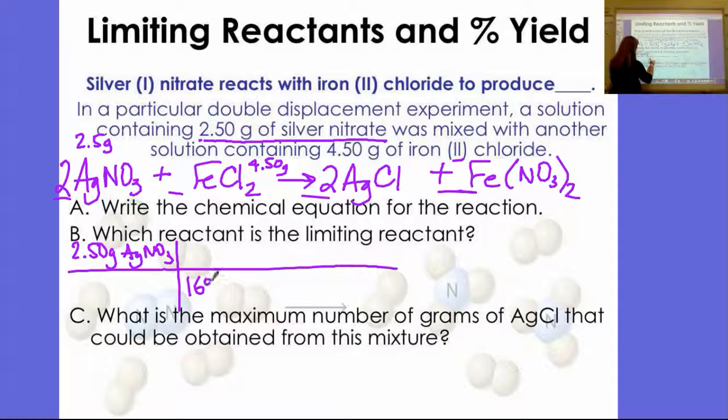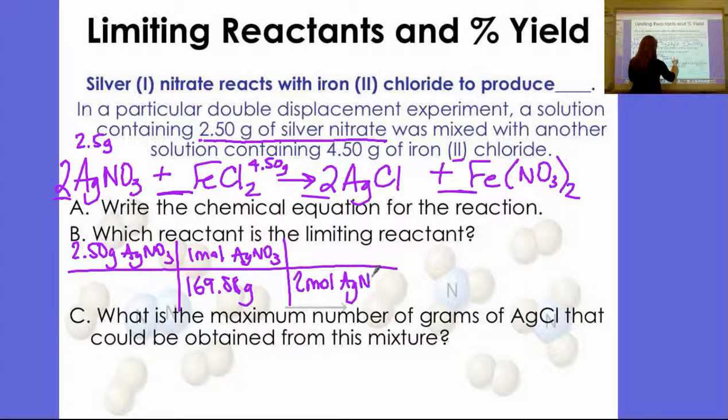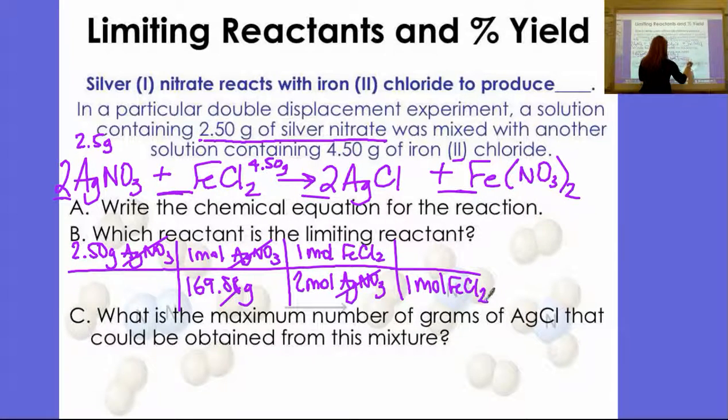My silver nitrate mass was 169.88 grams in 1 mole. Now for my mole ratio, which is 2 to 1. The 2 has to go on the bottom because that's the number in front of silver nitrate. FeCl2 on the top, canceling. And then 1 mole of FeCl2, looking on the periodic table, is 126.75 grams.